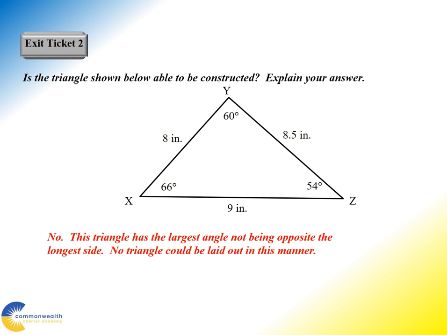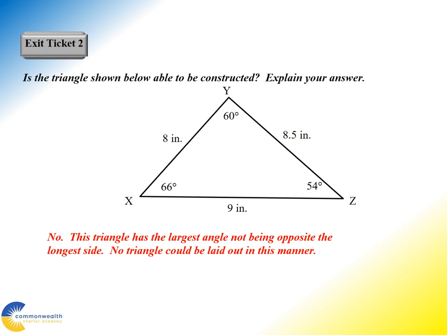Therefore, can we get triangles with these three angles and perhaps these three sides involved? Maybe, but not laid out the way it is. If the 9-inch side and the 8.5-inch side were switched positions, then the triangle might be able to be constructed.